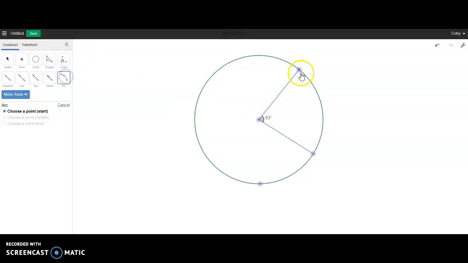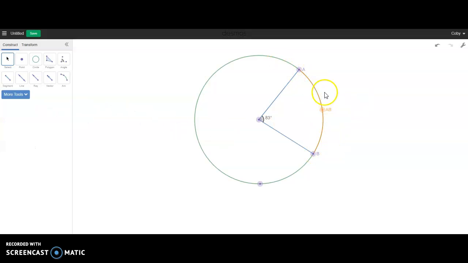The arc created by this central angle, I'm going to call it arc. Actually, I need to label a bunch of my points. So let's label this point here A, this here B. This arc here that is orange is now arc AB.